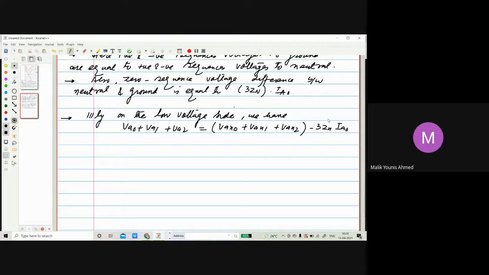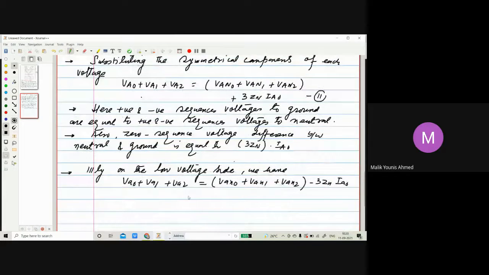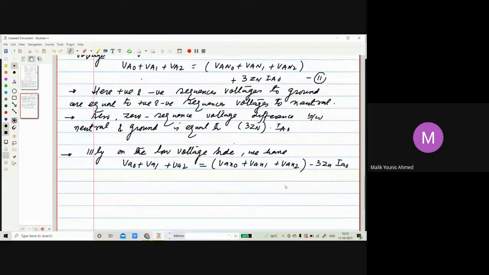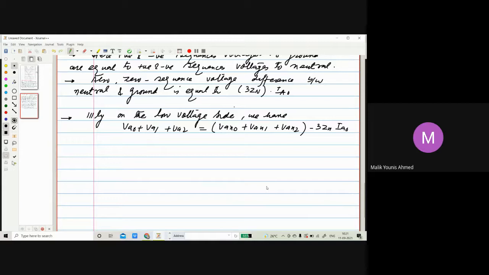Okay. So similarly, we'll write VA for this on the low voltage side, with VA naught, VA1, VA2, VAN naught, VAN1, VAN2, minus 3 Ia naught.